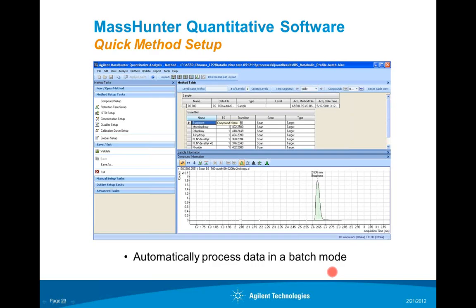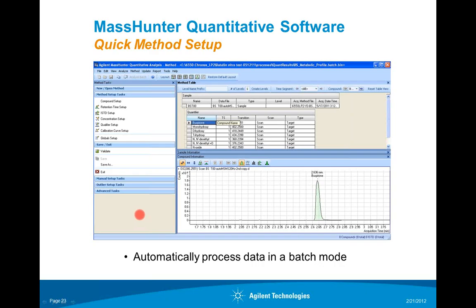After identifying all the metabolites, the next step is to do quantitation for all those metabolites. This is a mass setup window of the MassHunter quantitative software. The mass setup is actually pretty simple and quick. In this case, what the user needs to import is the m/z of the parent molecule and all the metabolites, and also input the retention time and the mass extraction window.